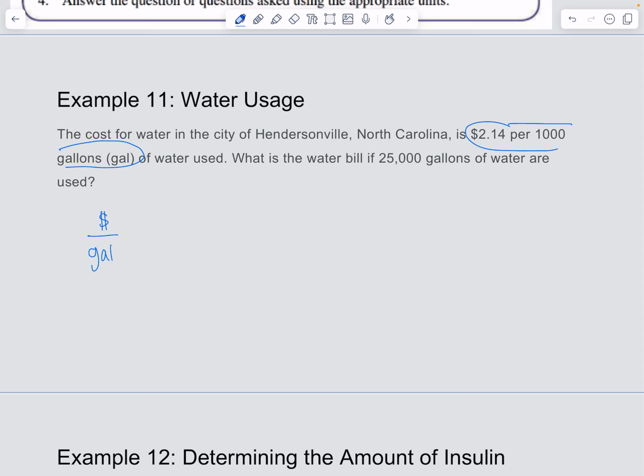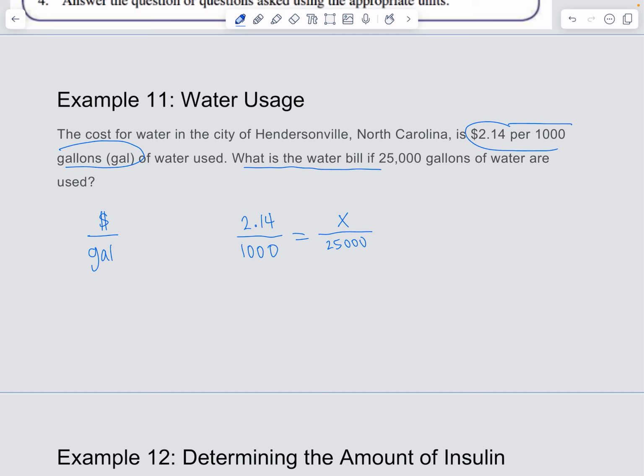So we will have $2.14 per 1,000 gallons. Since we're using a proportion, it needs to be the same on the other side of the equals: dollars per gallon. Since we're trying to find out what the bill is, we don't know the dollars. I'll just use X. We know the gallons though, 25,000. Now we use our cross multiplication to solve.